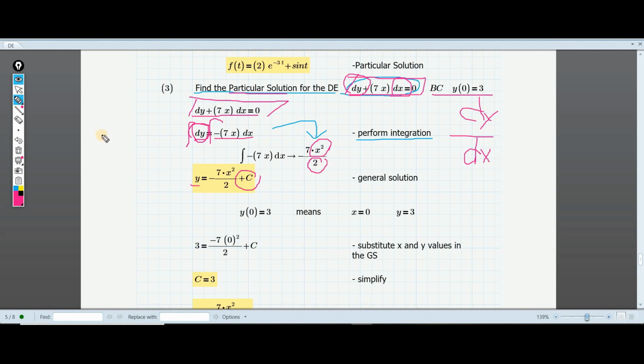When we integrate x dx, what is the answer? It is x raised to n plus 1 over n plus 1. So always remember your integration. Now, this is our general solution.